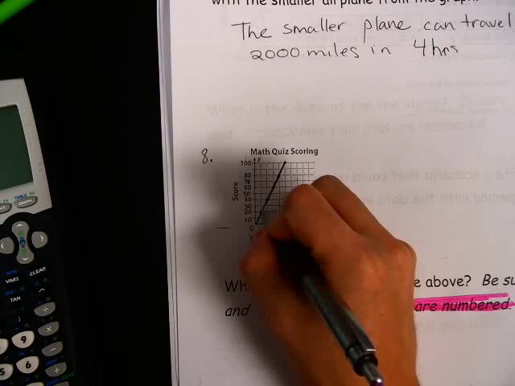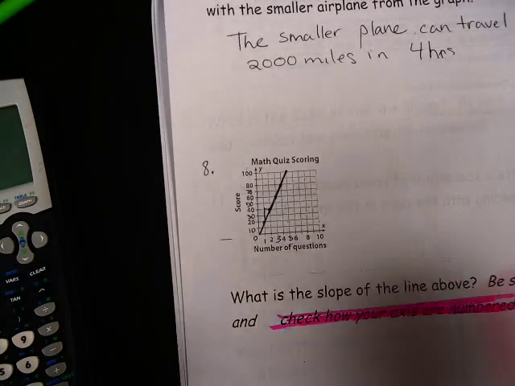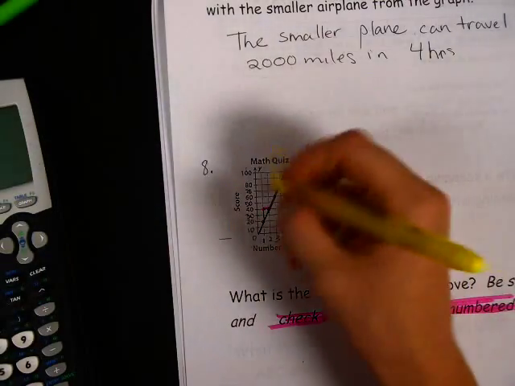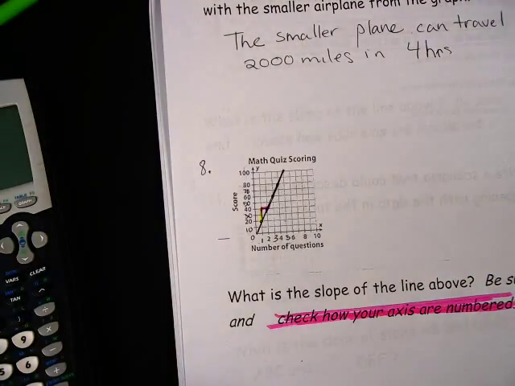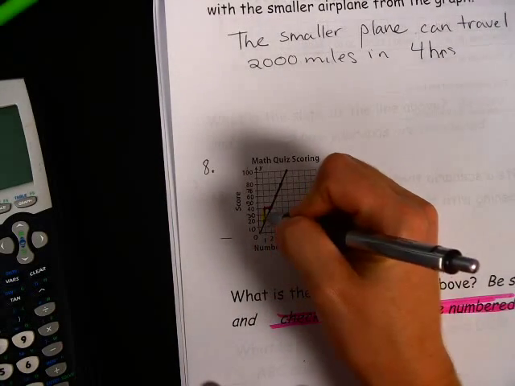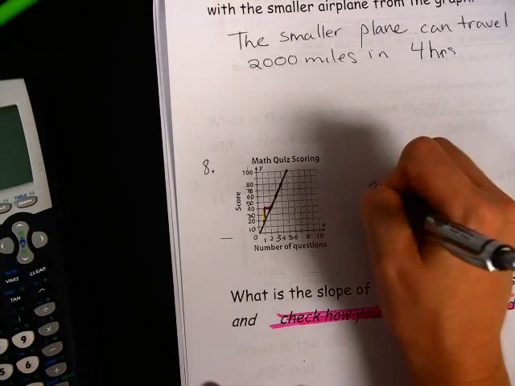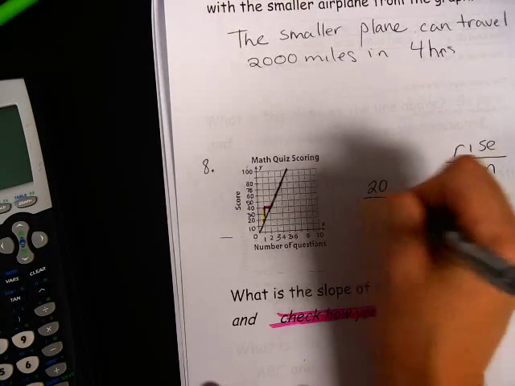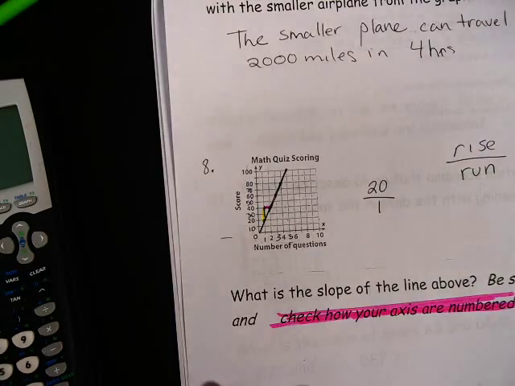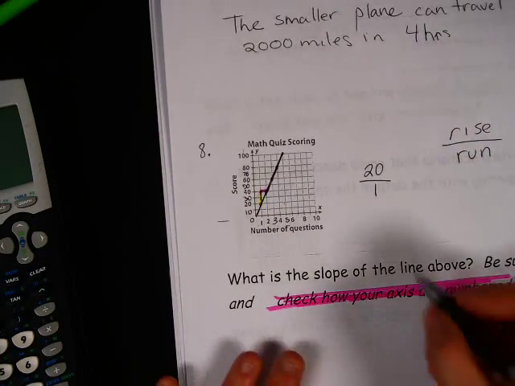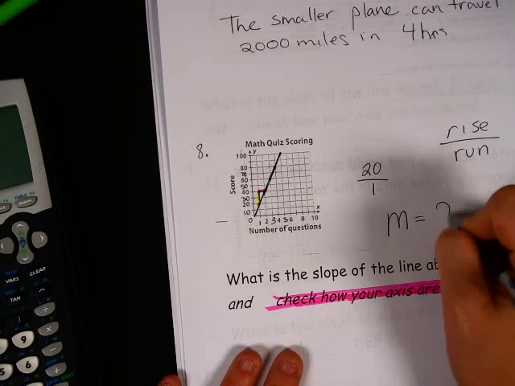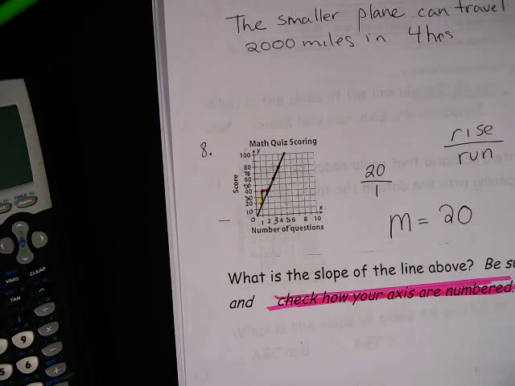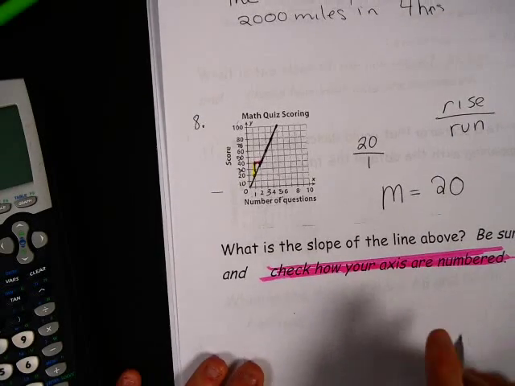Okay, so still I have to do rise over run. So I rose 10, 20 was my rise, and I ran 1. So I put that in my calculator and you're going to find m equals 20. I want this to mean something, so I want you to tell me what that really means.